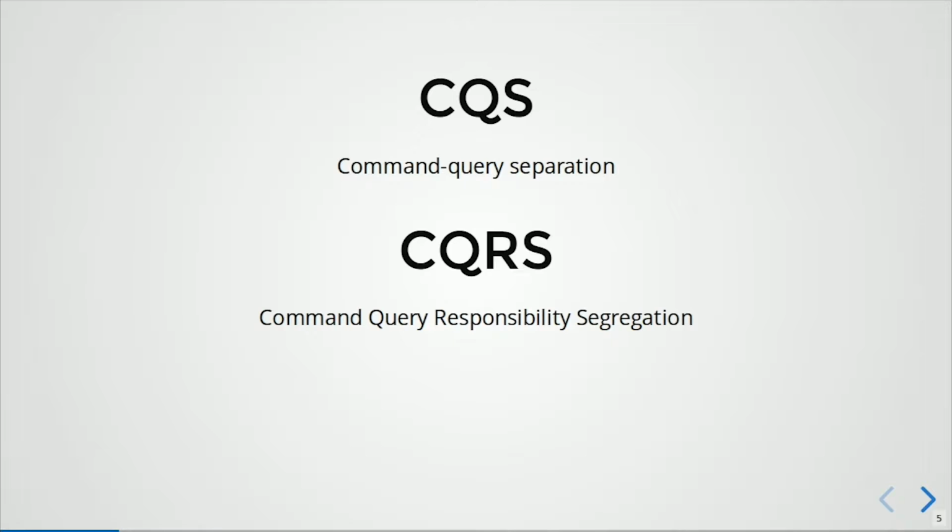But before that, there's an older design pattern called CQS, or Command Query Separation. And this older design pattern says that if you have a method in your class, then that method should only either change the state of that object or of an application.